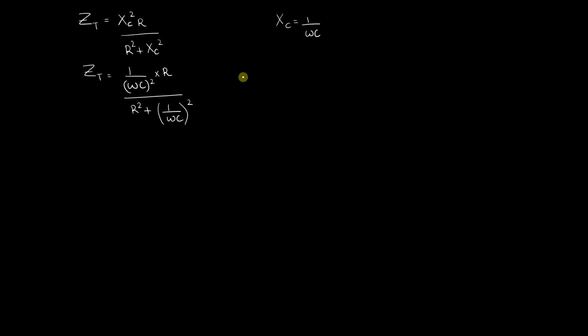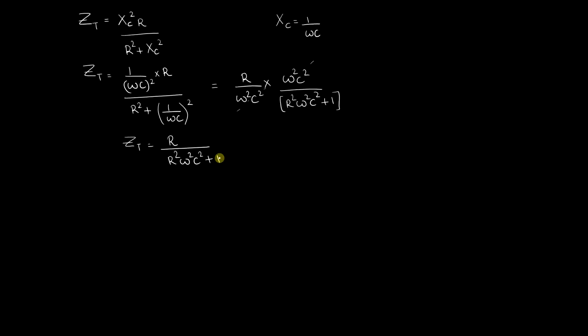This is written as R divided by omega square C square multiplied with omega square C square by R square omega square C square plus 1. So these terms completely get cancelled off and the ZT equation will be equal to R divided by R square omega square C square plus 1.